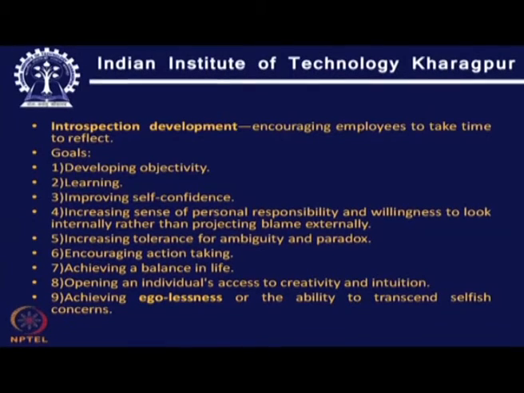Next is introspection programs, encouraging employees to take time to reflect on certain things, like how to do things, what is the problem, how to find a solution for it, what will be my role in it, how I can help to achieve the goal.